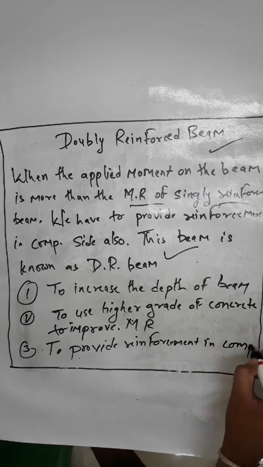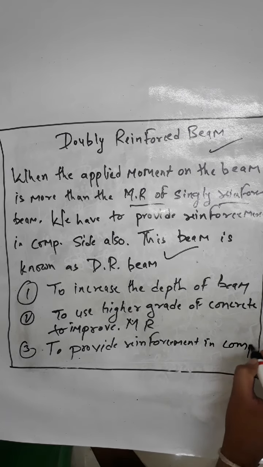for getting the moment of resistance greater than the bending moment, but of these three options only this last option is used. Why? Because if your room does not have much depth, in this case you are not able to increase the depth of the beam, and the grade of concrete also varies with the exposure condition.